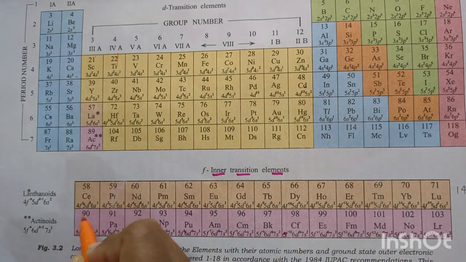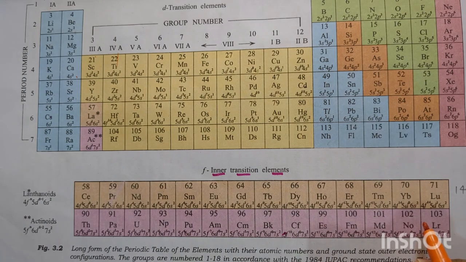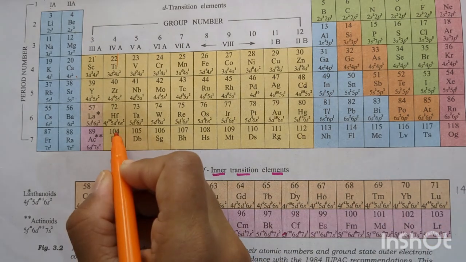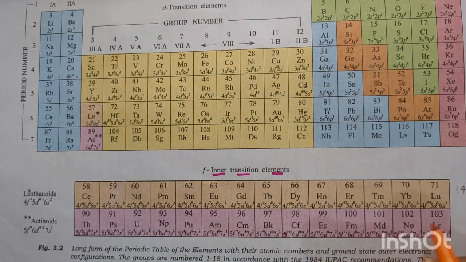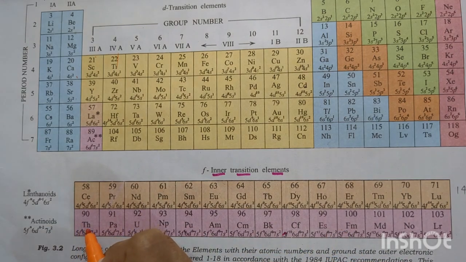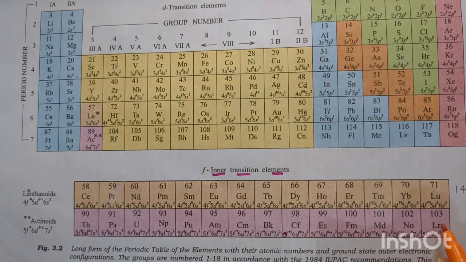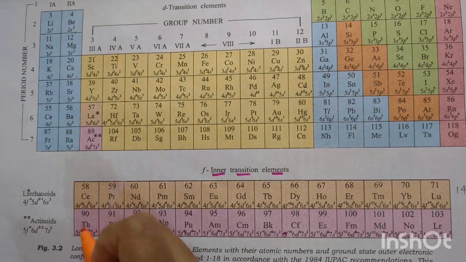After actinium we have these elements till atomic number 103, lawrencium. Then after lawrencium we have atomic number 104, rutherfordium. This series of elements is called the actinoid series.